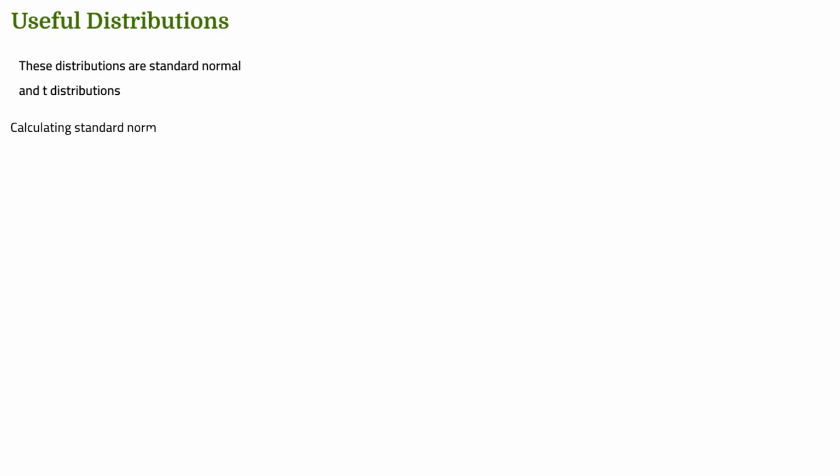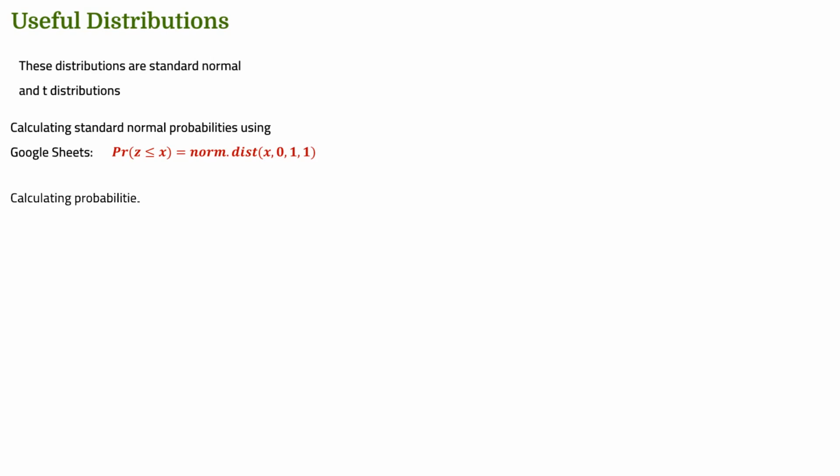Some useful distributions for hypothesis testing are standard normal and t-distributions. Calculating standard normal probabilities using Google Sheets: probability of z less than or equal to x in Google Sheets is NORM.DIST(x, 0, 1, 1), separated by commas.